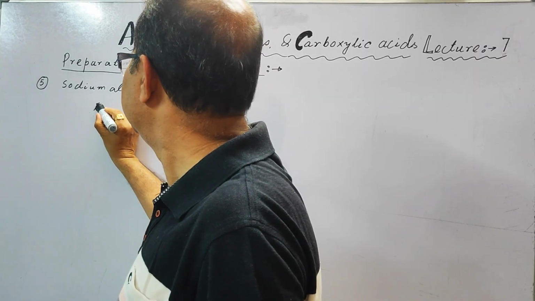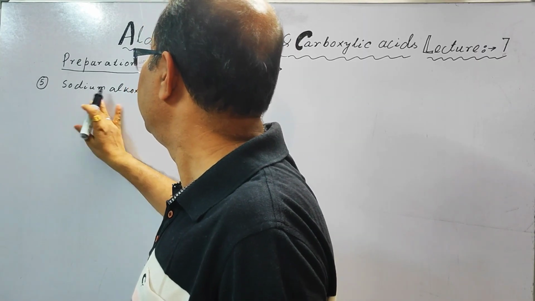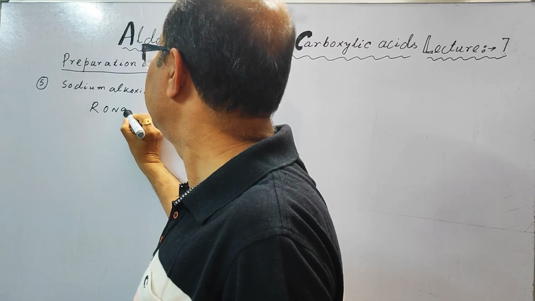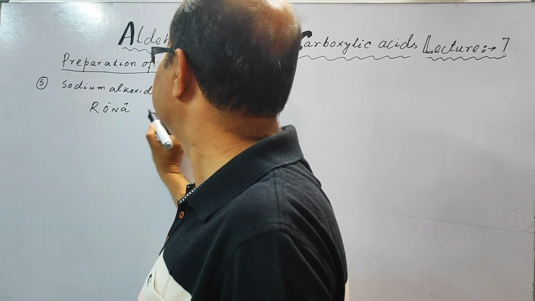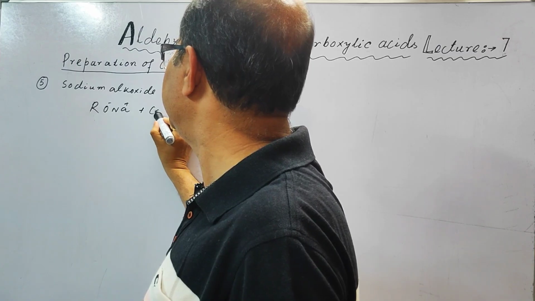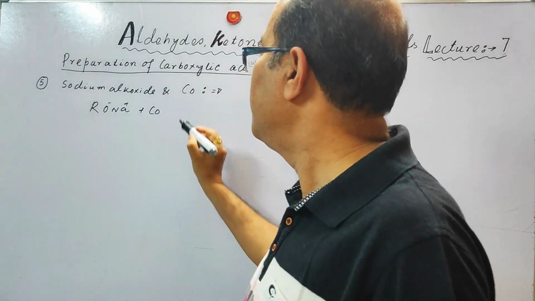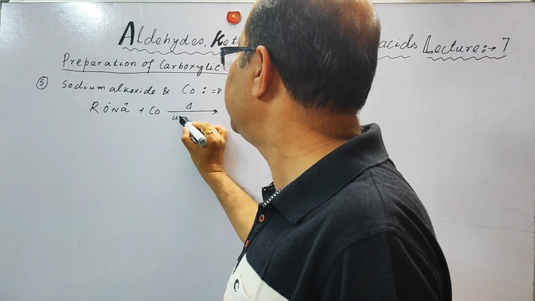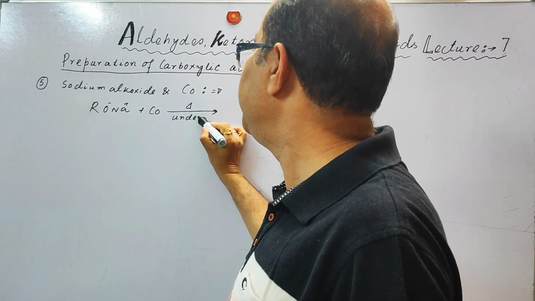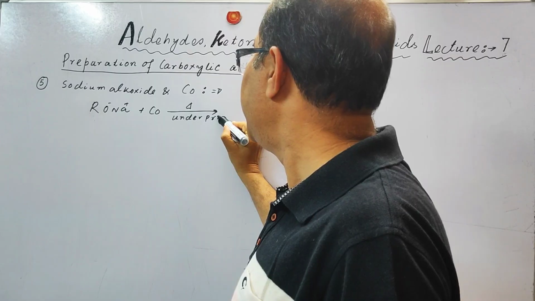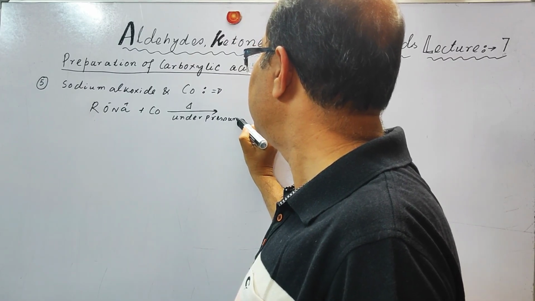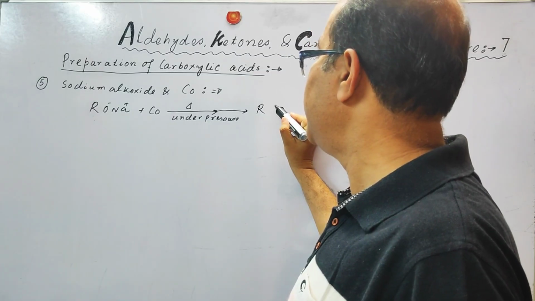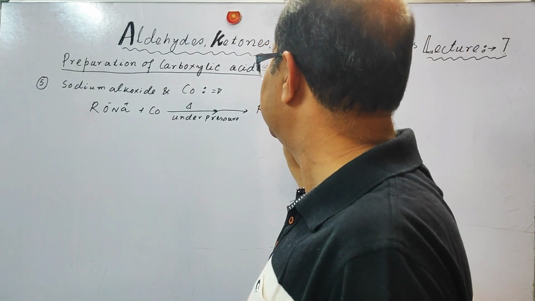The reaction is: alkoxide RONa plus CO, heated, under a specific pressure maintained, and it is going to produce the carboxylic acid.